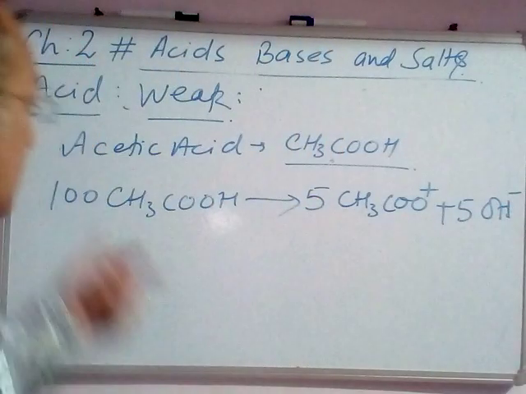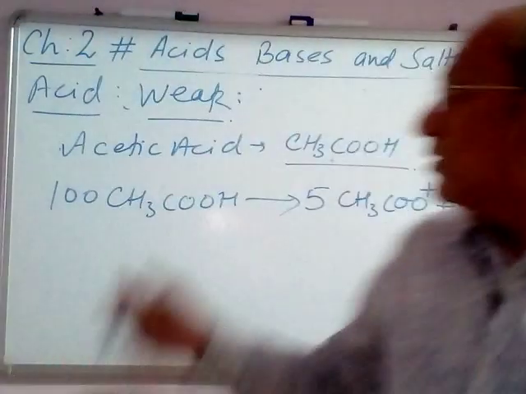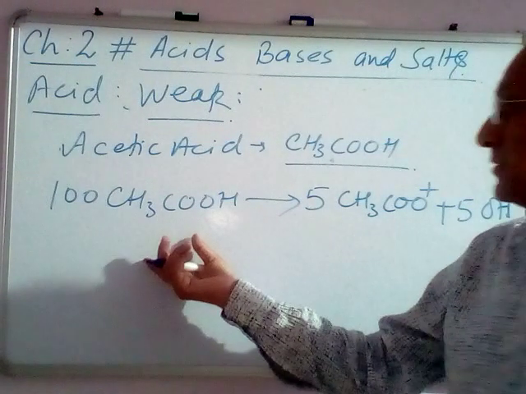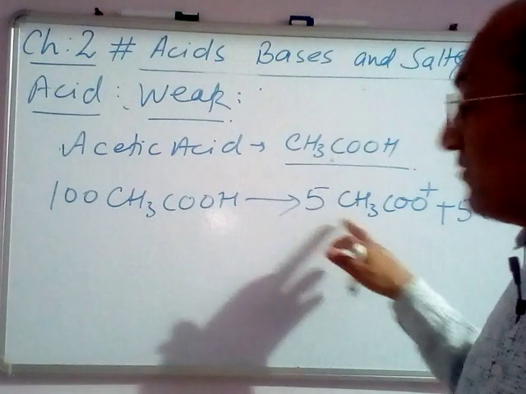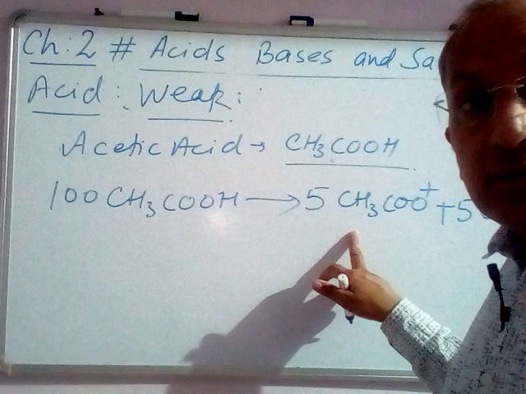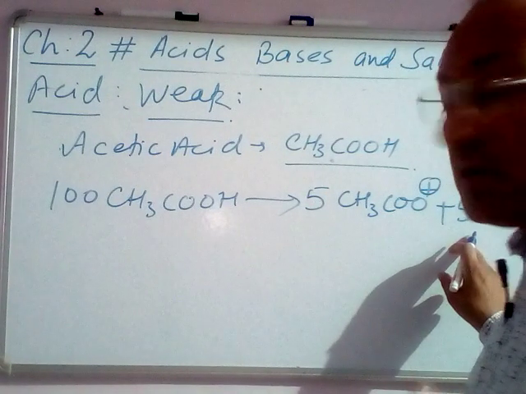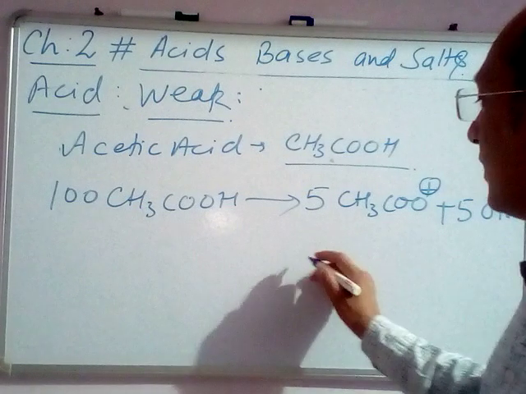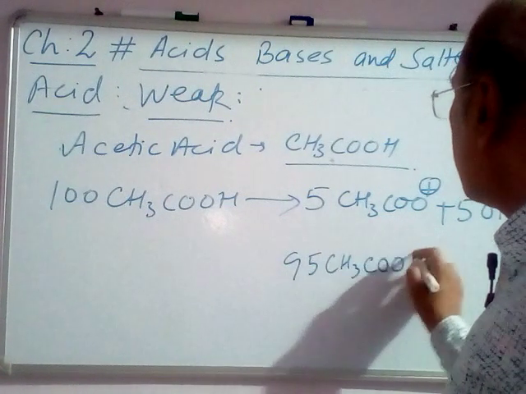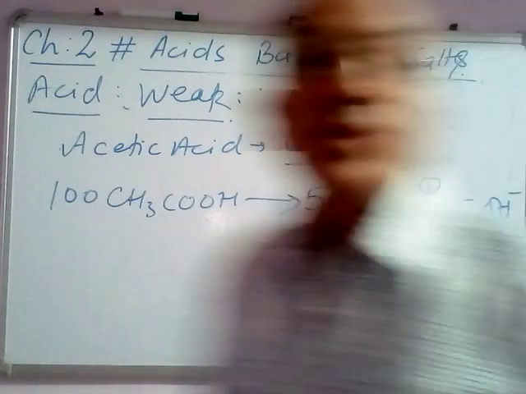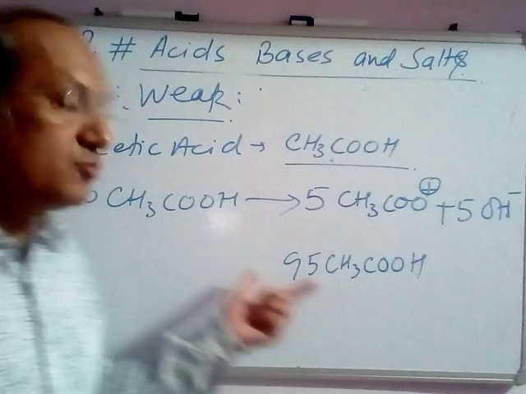So we have taken 100 molecules of acetic acid, but we find in solution only 5 CH3COO minus and 5 H plus, and the remaining 95 CH3COOH is found as molecules in solution.